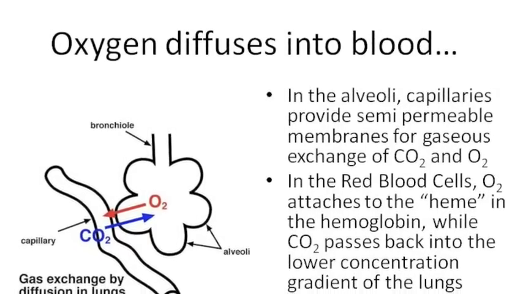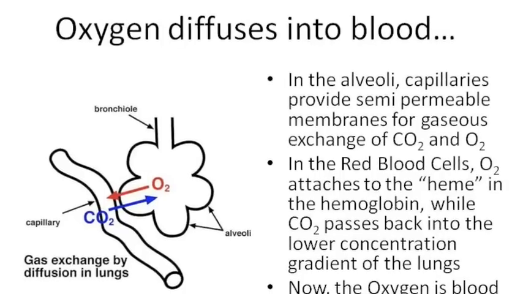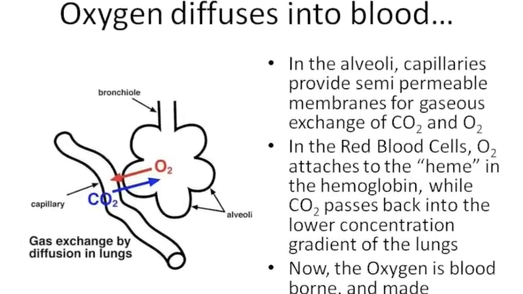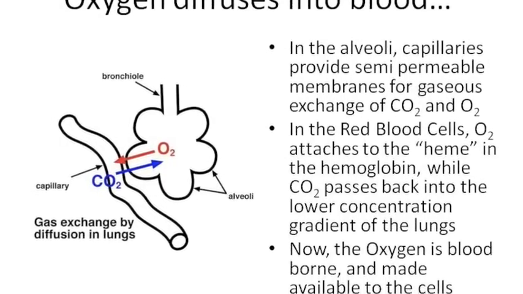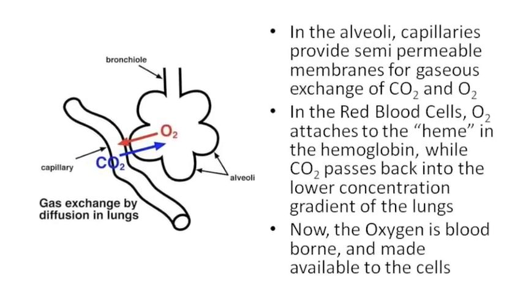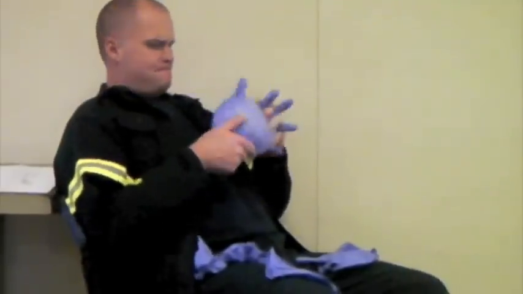Mrs. Davies told us about this too, and it says the alveoli capillaries provide semi-permeable membranes for gaseous exchange of CO2 and O2. In the red blood cells, O2 attaches to the heme in the hemoglobin, while CO2 passes back into the lower concentration gradient of the lungs. Also, now the oxygen is bloodborne and made available to the cells.